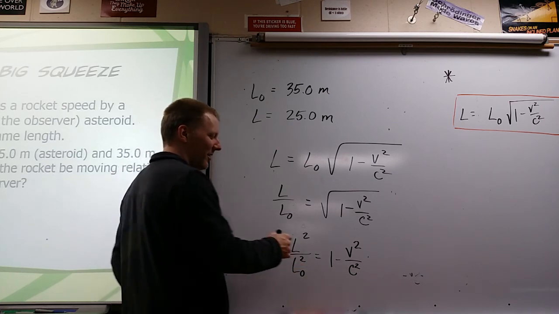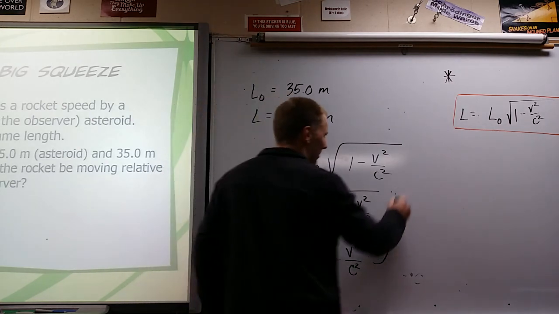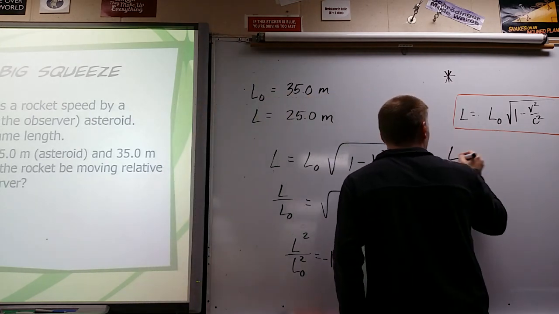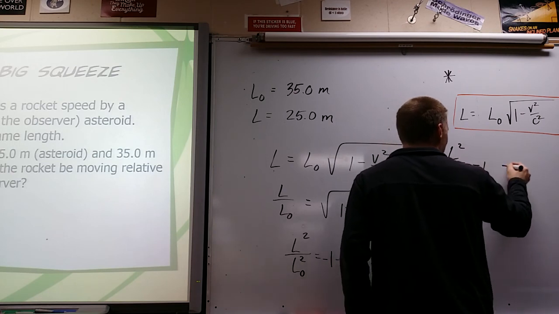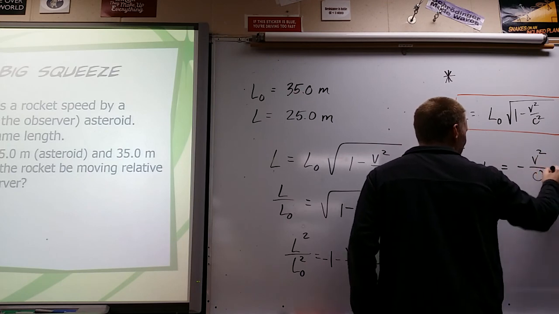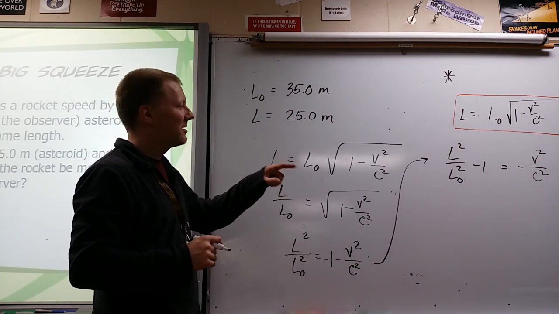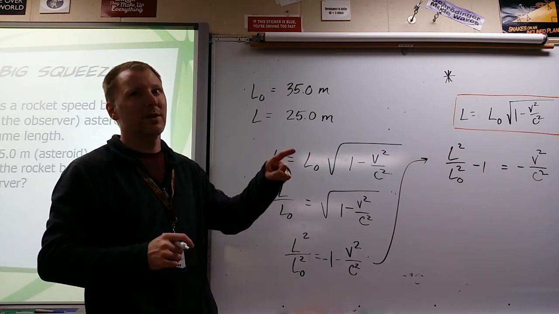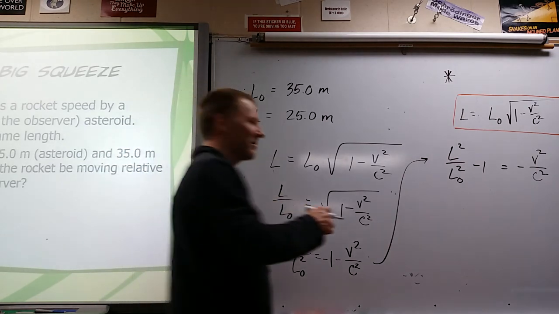Square this. We're going to subtract 1 from both sides. So we'd have L squared over L naught squared minus 1, and that's equal to negative v squared over c squared. I'm going to multiply by negative c squared, but I'm only going to distribute the negative 1. I'm going to keep the c squared out of there because I know I'm going to take the square root the next step.